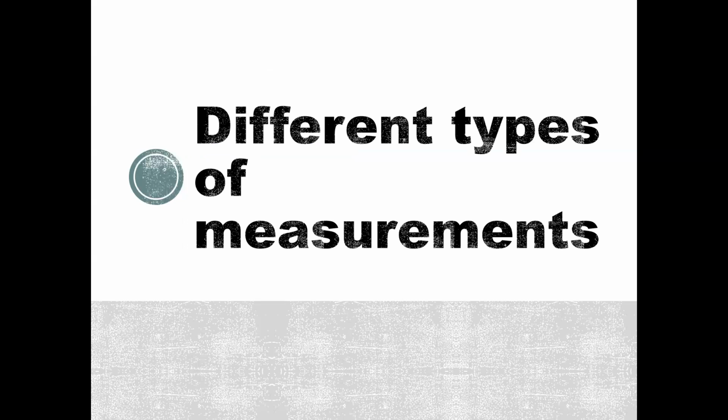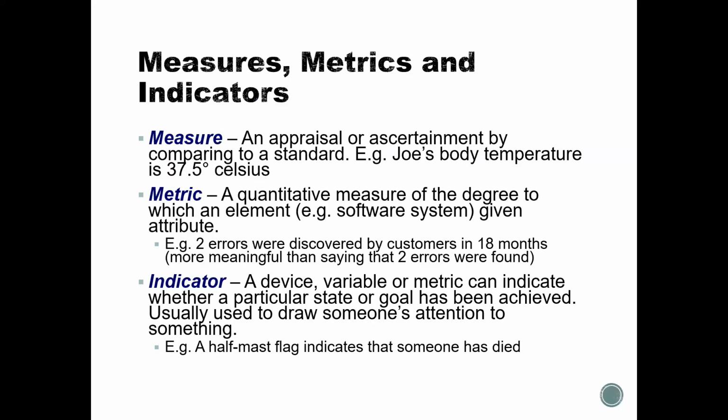So let's see what different types of measurement we have. We have three different notions in measurement. The first one is measure, the second is metric, and the third is indicator. Measure is an appraisal or ascertainment by comparing to a standard.